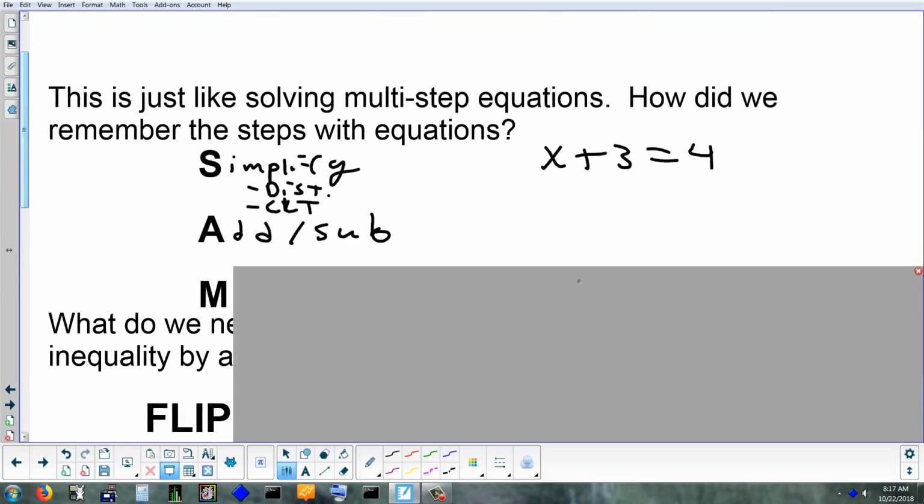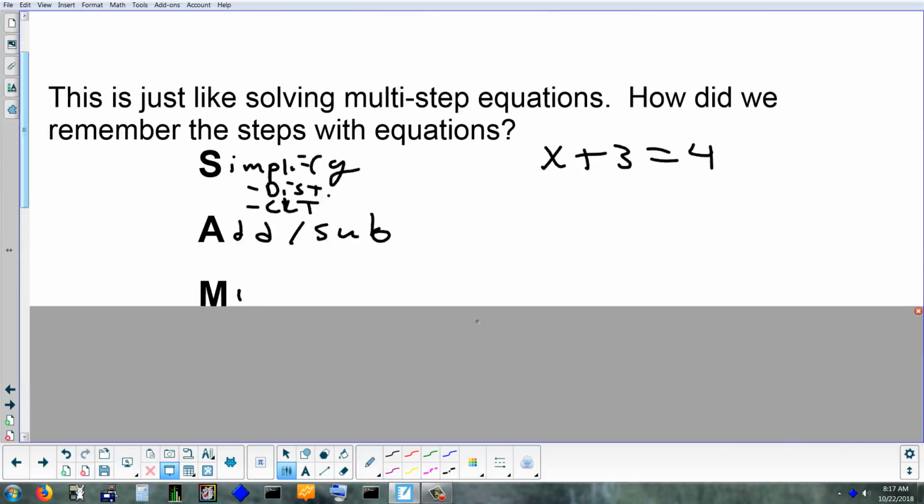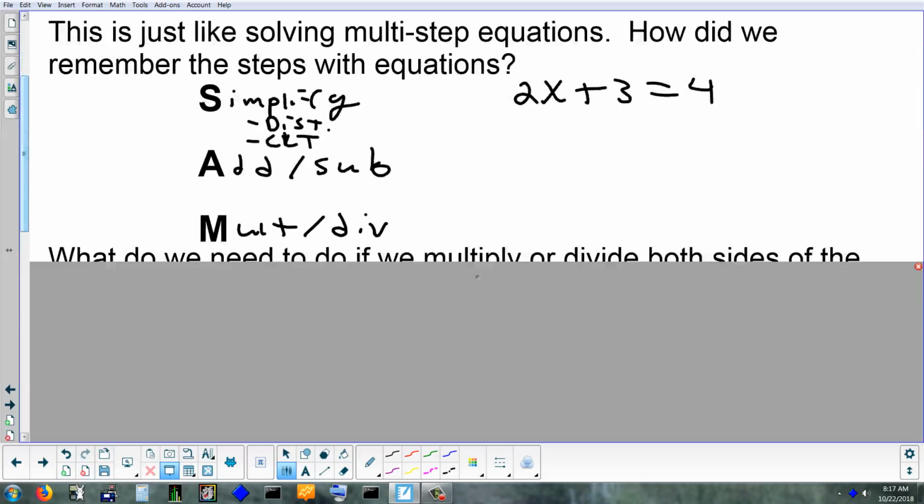Okay, so now you deal with any adding and subtracting, and then the last thing you do is multiply or divide. Okay, multiplying and dividing, that comes in usually when you have a number in front of x. All right, so we're going to use those same steps again today. And you guys seem pretty good with it in the warm-up, so that's good.